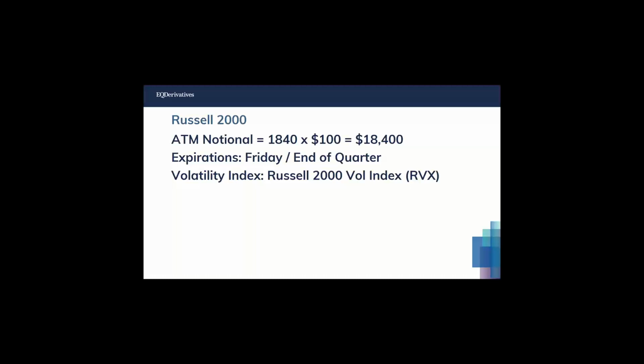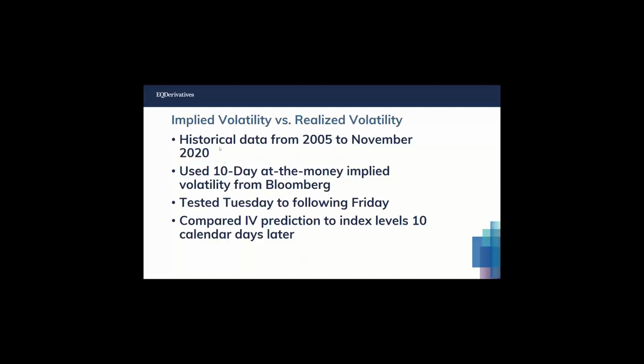They also do have end of quarter options, which I kind of like, especially targeting the last day of a month when I'm calculating performance. And the volatility index for the Russell 2000 is quoted under RVX, with the exception of about 24 days. The Russell 2000 implied volatility has been at a premium relative to VIX since, I believe, 2004, which is how far the data that we have goes back.